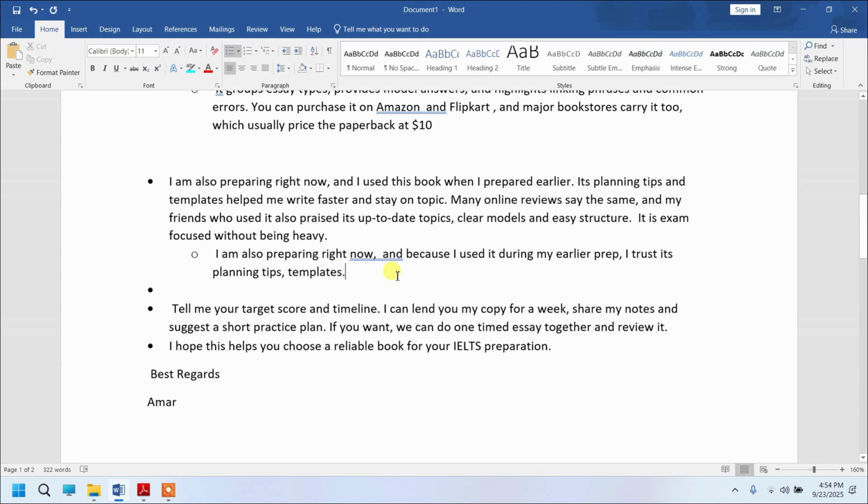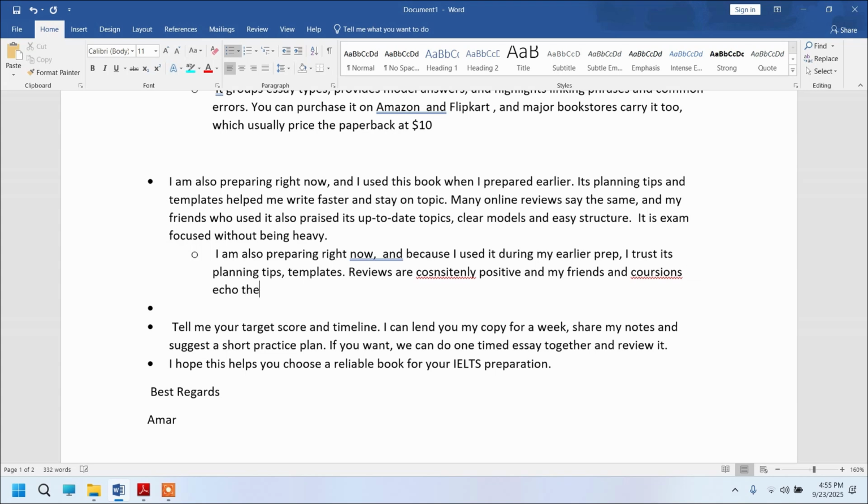Very simple wording. So I'll say, reviews are consistently positive. That is one thing. And my friends and cousins say the same. Okay, I can say they echo the same points, like what?